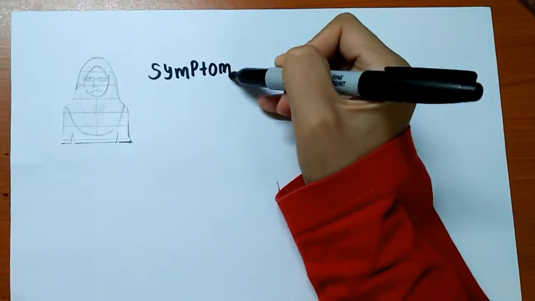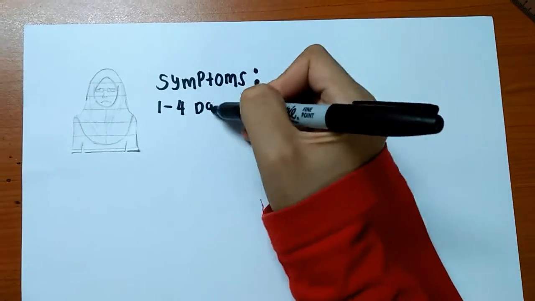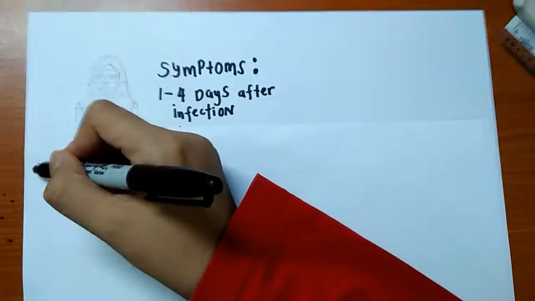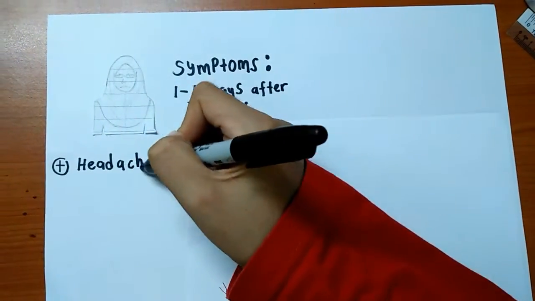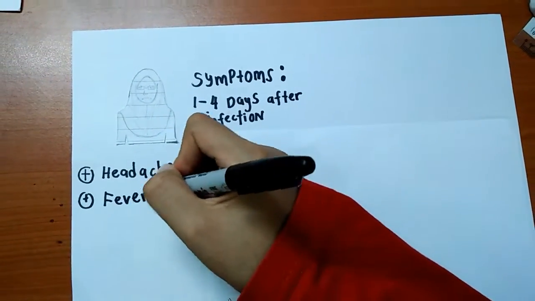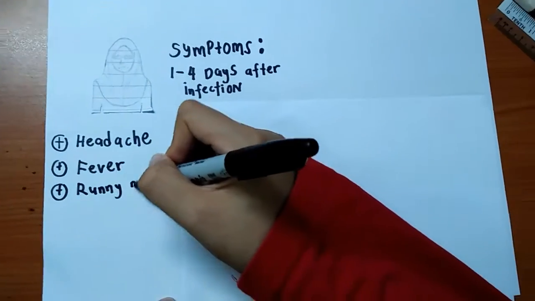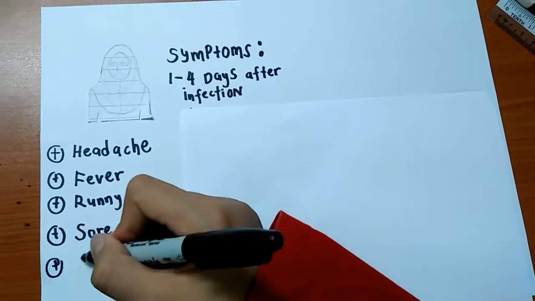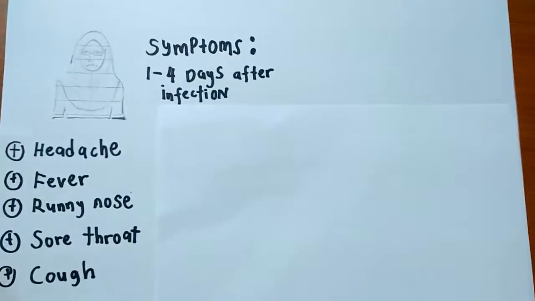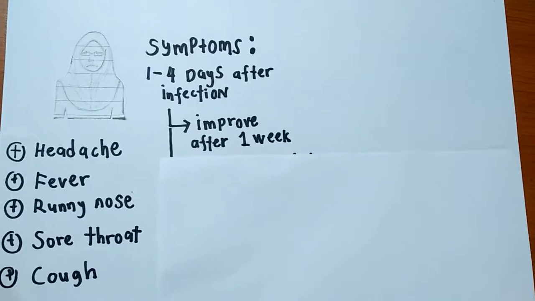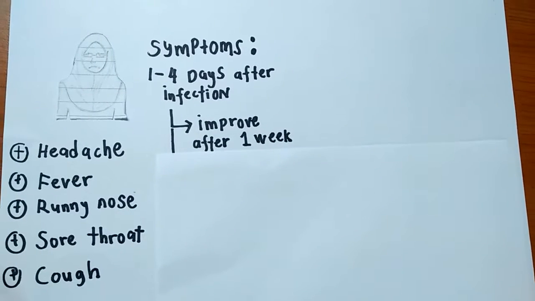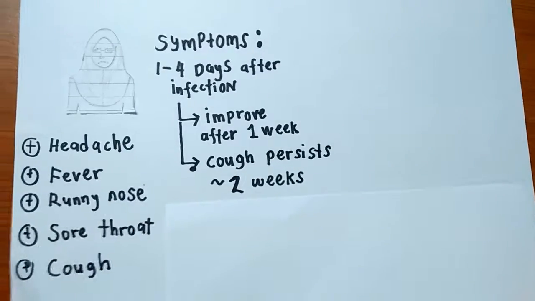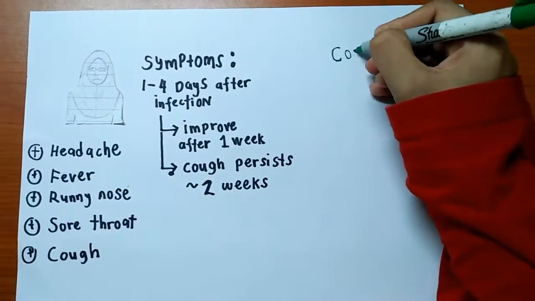Signs and symptoms. Influenza symptoms start 1 to 4 days after infection, and the symptoms include headache, fever, runny nose, sore throat and cough. Most of these symptoms get better in a week, but the cough often persists for up to 2 weeks.